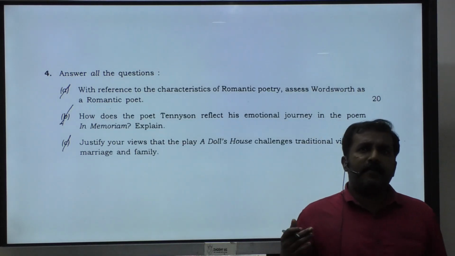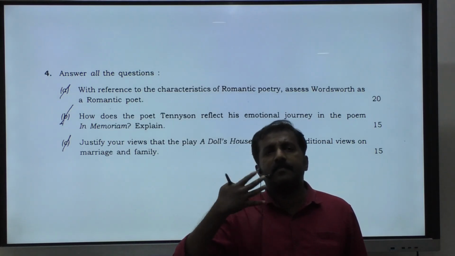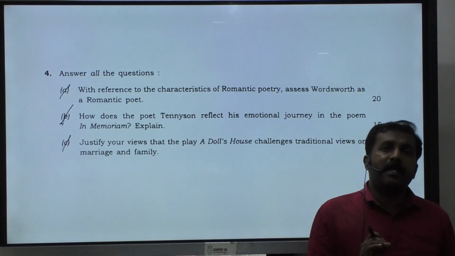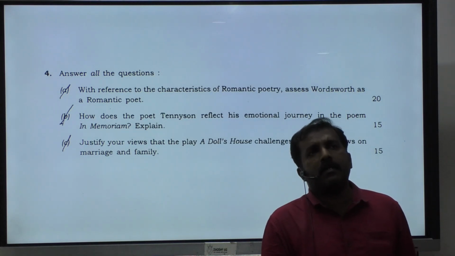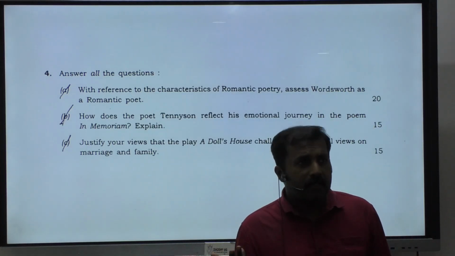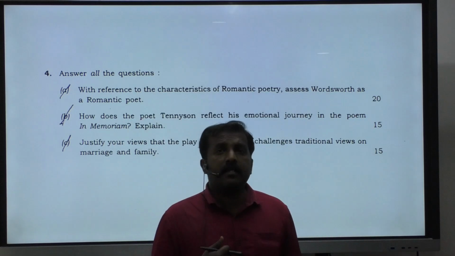And the next level of the question asks to assess William Wordsworth as a romantic poet. So mainly you have to portray nature as alive, actually how he treats nature. William Wordsworth treats nature as a child sometimes, mother, guardian, nurse.